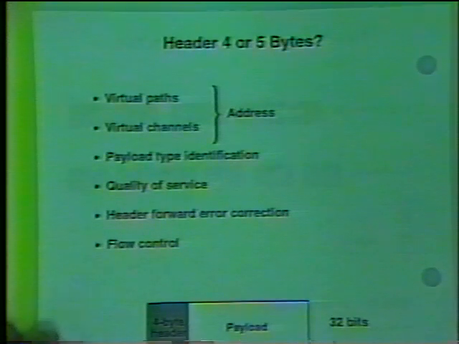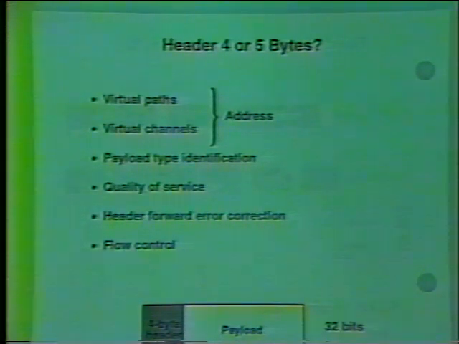Okay, a little bit more background information about the cell is that the Standards Committee, the ITU and the CCITT, didn't quite come to an agreement, so it's kind of like the government shutdown situation, couldn't come to a consensus. So one standards panel wanted a 4-byte header, the other wanted a 5.